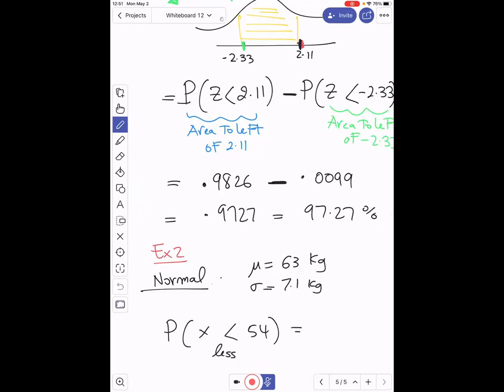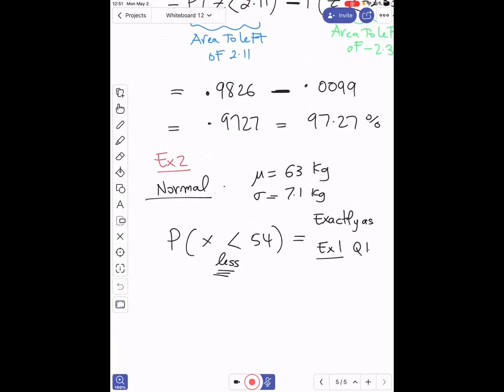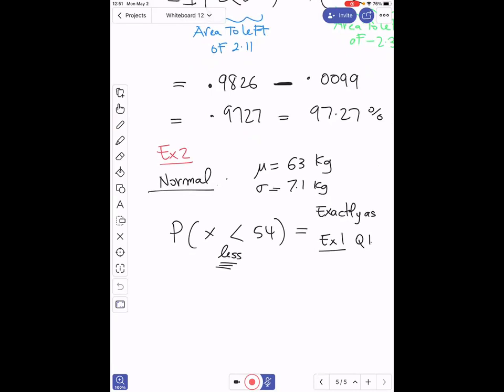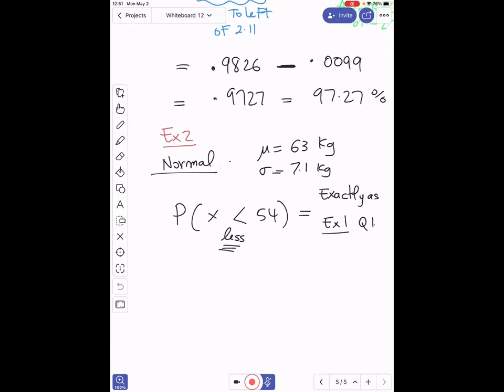So then we do as we did in the previous exercise, right? We convert X to Z, and because it's less, I can use the chart. There will be no problem. This is exactly as exercise 1, question 1.